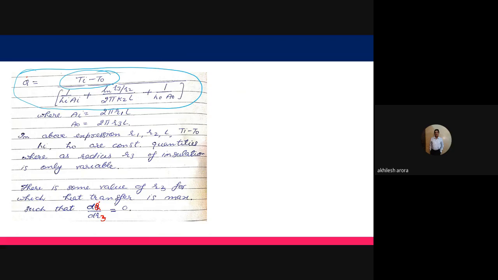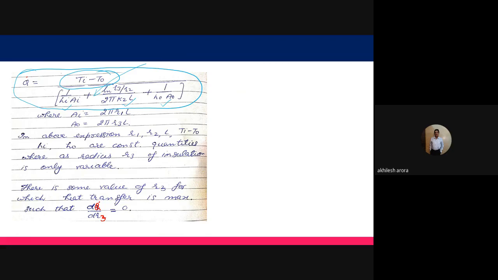divided by the resistances. Here we have the convection resistance, this is the conduction resistance of the insulation, and this is the convection resistance. Here we have neglected the conduction resistance of the steel pipe, because that value is very small, because the value of k is very large.